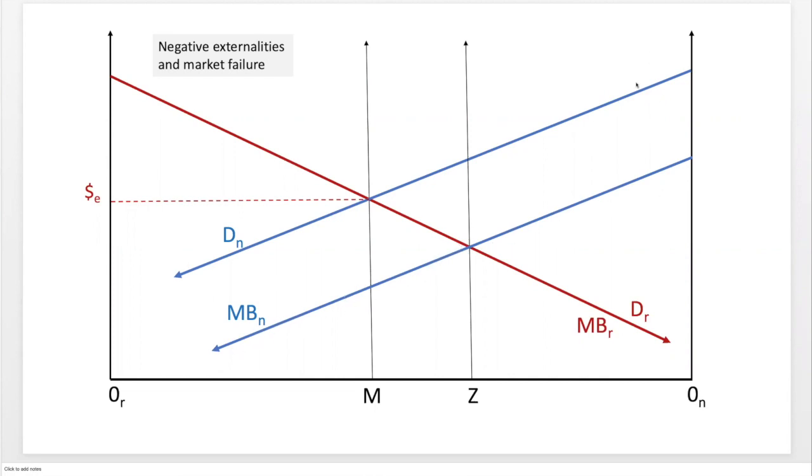And so in this example, I'm showing that the market demand curve overstates the net benefits associated with non-residential land uses.